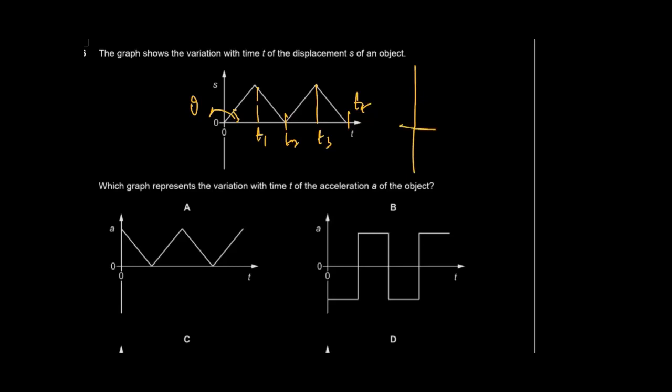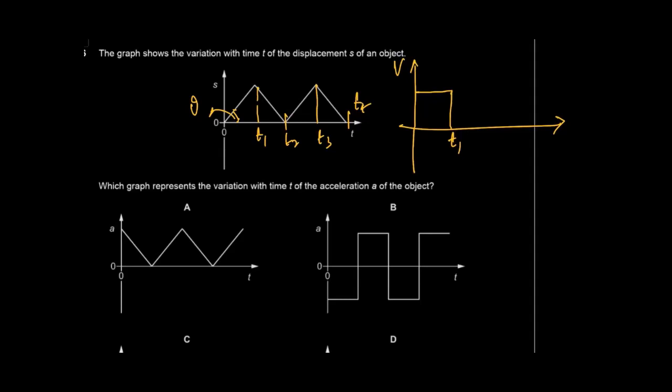So we can draw velocity versus time from 0 to T1, positive and constant. This is T1. From T1 to T2, the slope is negative because theta falls between 90 to 180 degrees.